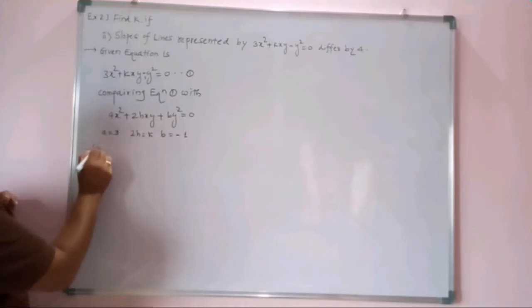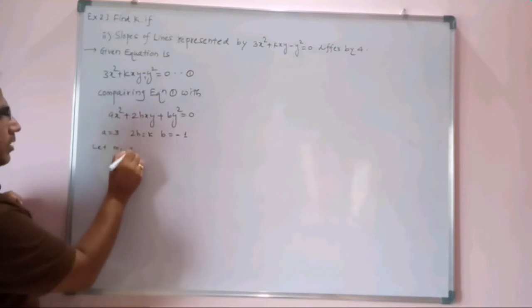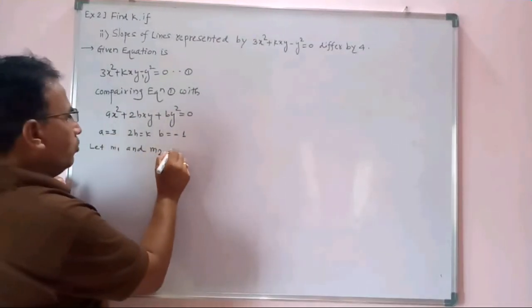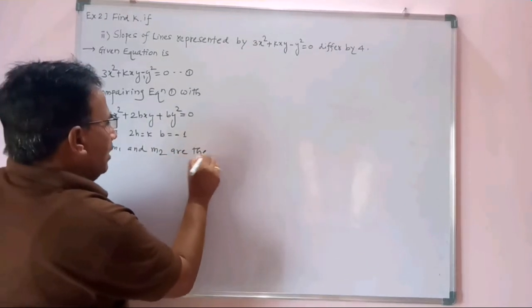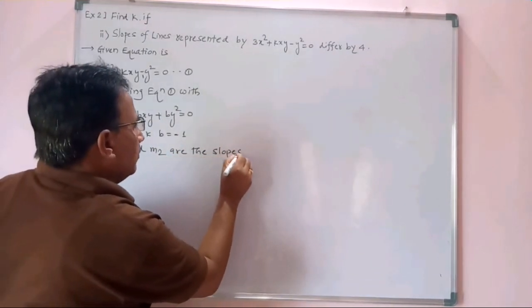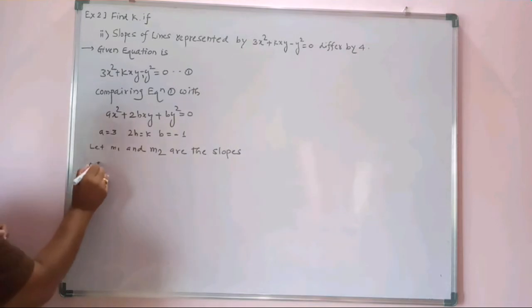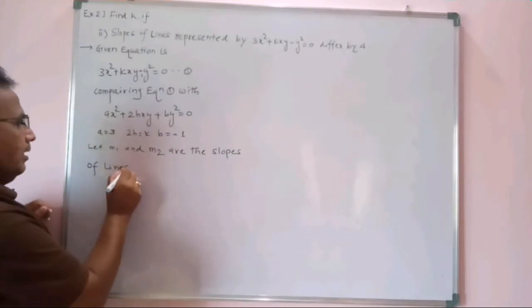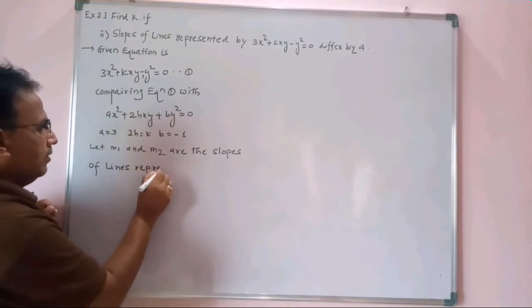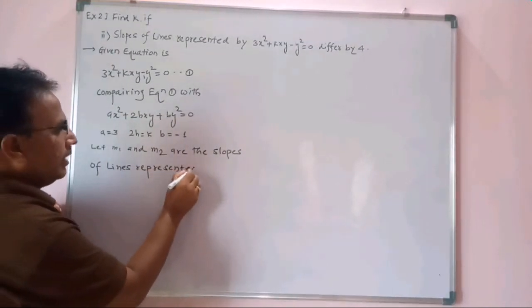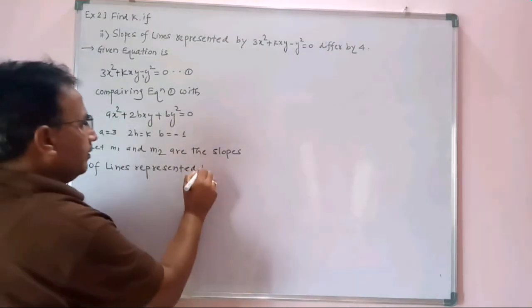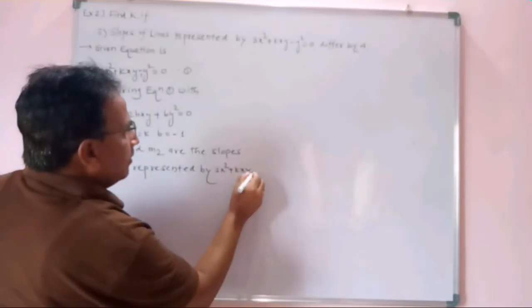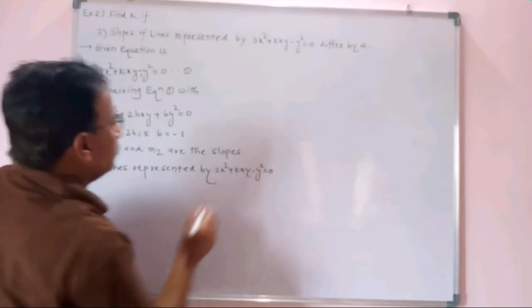Let m1 and m2 be the two slopes of the lines represented by the equation 3x square plus kxy minus y square equal to 0.